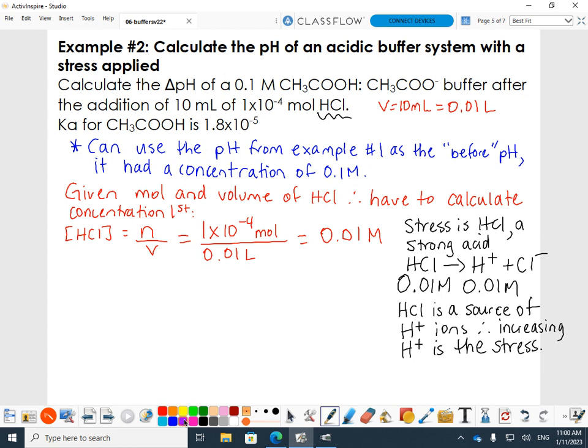Okay, so why does it matter where the stress goes? Remember, we're thinking about what this is going to be in dissociation. Just like yesterday, you always need a dissociation equation.